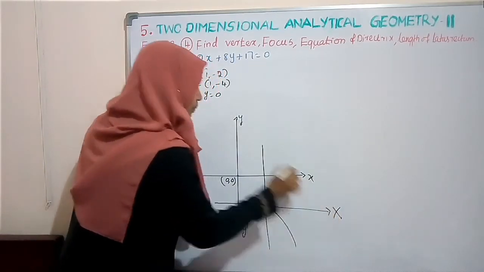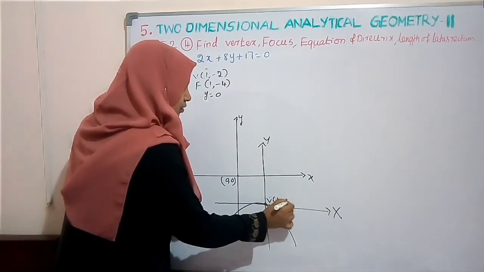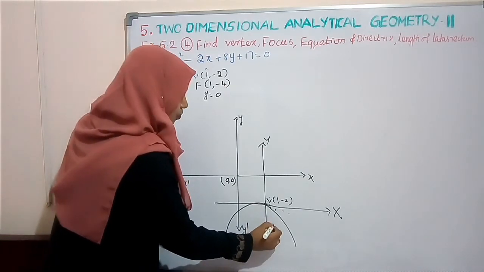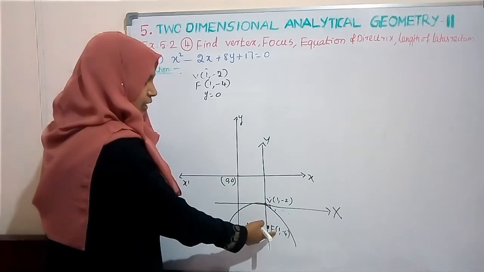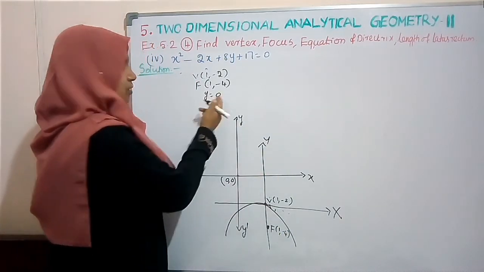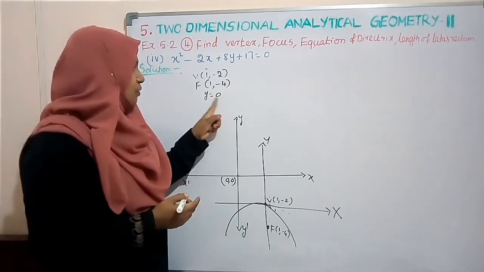And this is your capital XY you can mark. And the focus point is 1 comma minus 4. Below that you can mark focus 1 comma minus 4. And also you can write y is equal to 0 is your directrix.